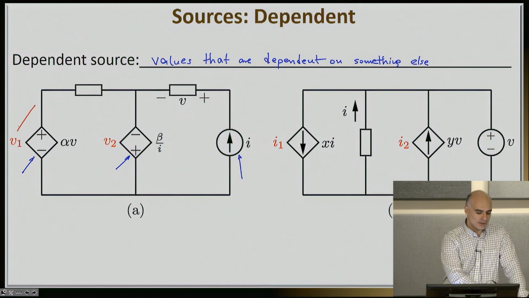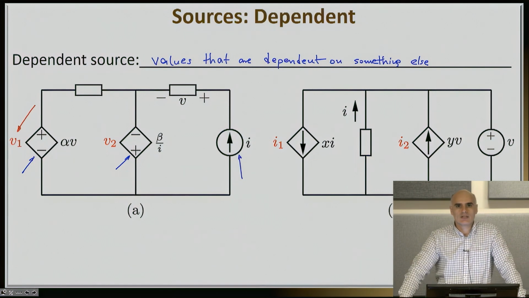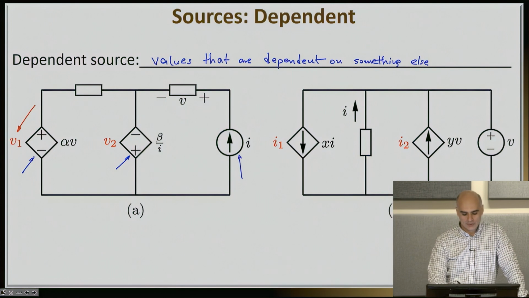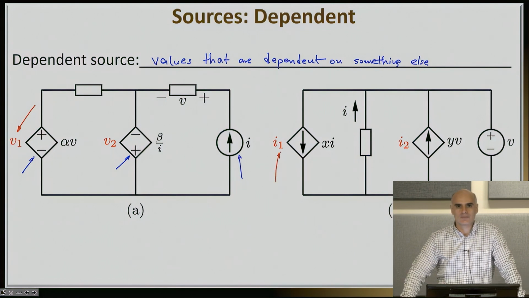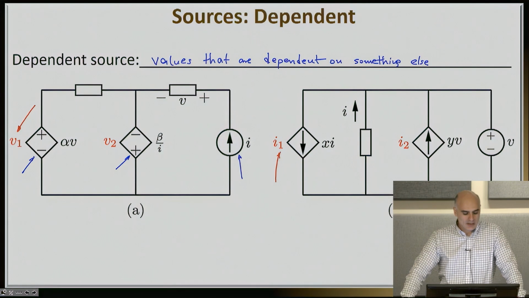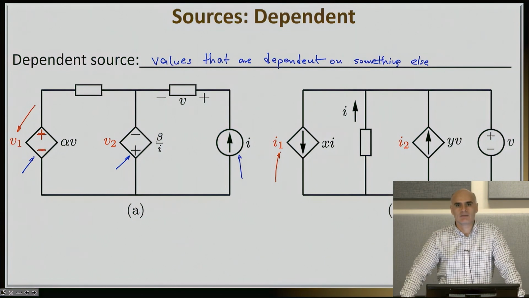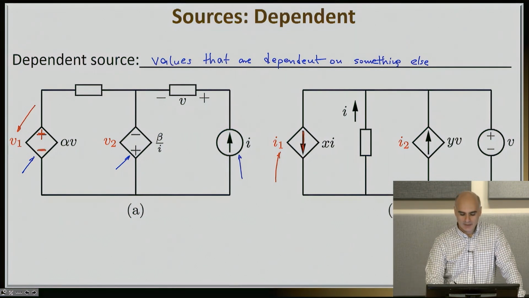For example, look at this V1 here. It signifies a dependent voltage source, or it can be a current source. This I1 here signifies a dependent current source. Notice that except for that diamond symbol, everything else remains the same. I still have a plus or minus polarity for the dependent voltage source, and I still have an arrow for the dependent current source.